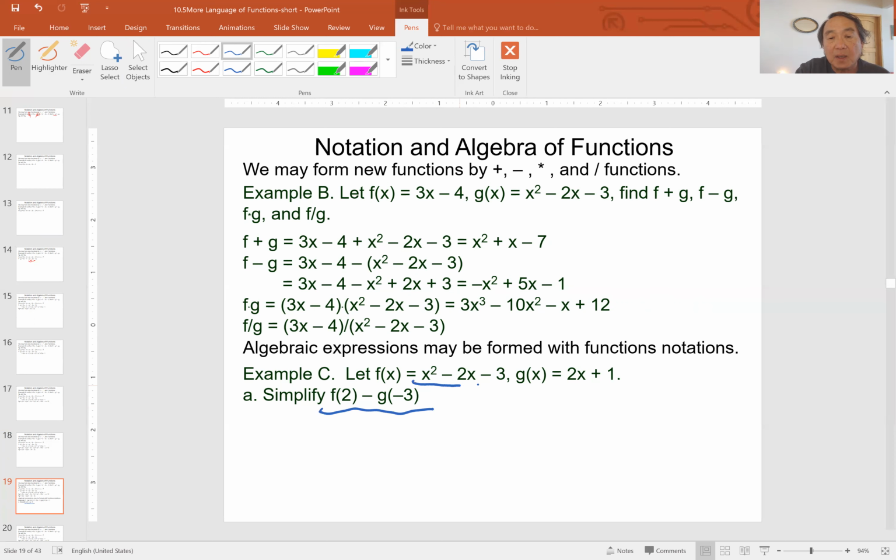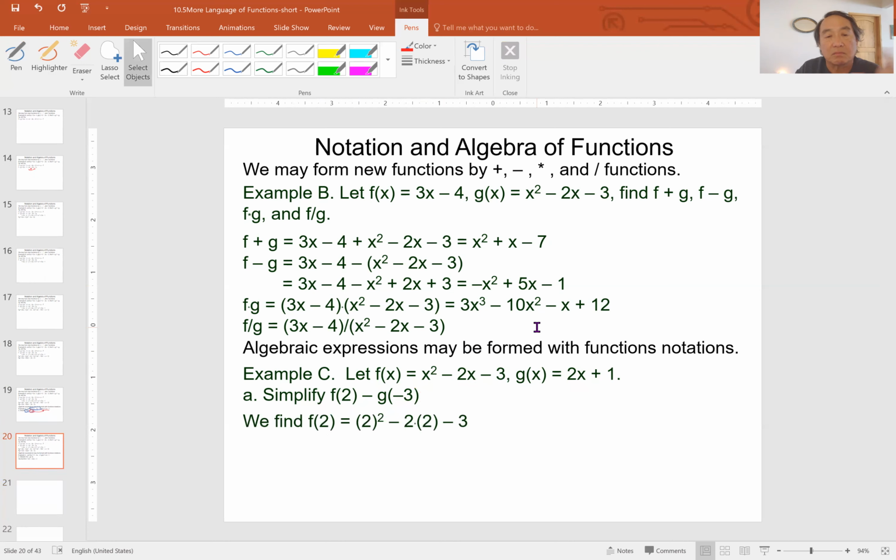Here's a formula F, and here's a formula G. F of 2 requires us to take 2, put it into formula F, and find out what it is. And G of -3 requires us to take -3, but this time put it into the formula G, find out what that is, and combine, subtracting them.